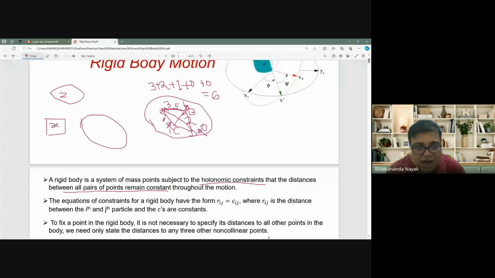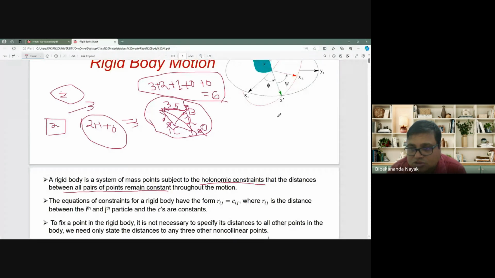When a bird is flying, we need 3 coordinates because the 3 space coordinates come into the picture. If it is rigid in 2 dimensions, for A we need 2, for B we need 1, for C we need 0. So it is 3. If the dimension is not given, we assume it is 3-dimensional and the degree of freedom is 6.